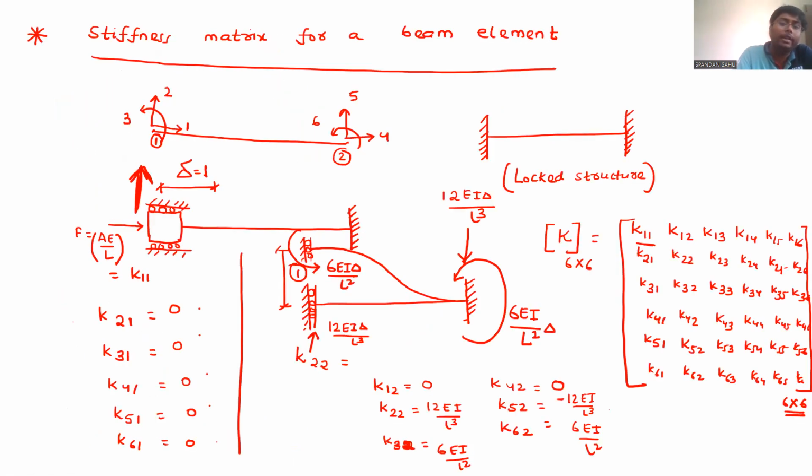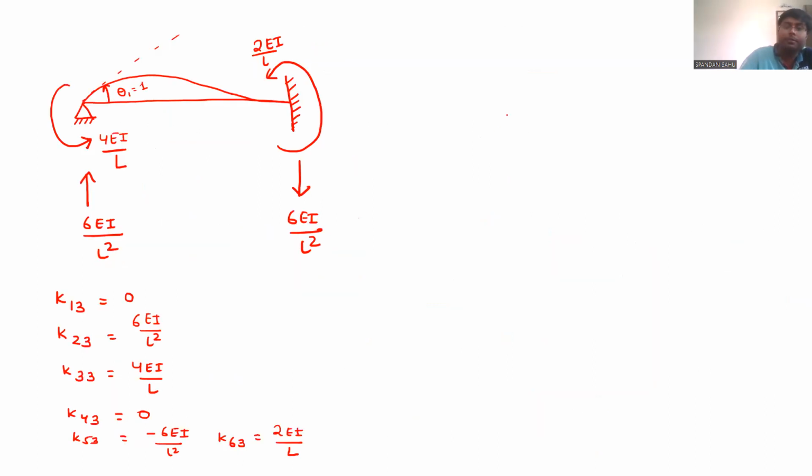Now for calculating all those fourth column components, you have to give unit displacement along the fourth direction.